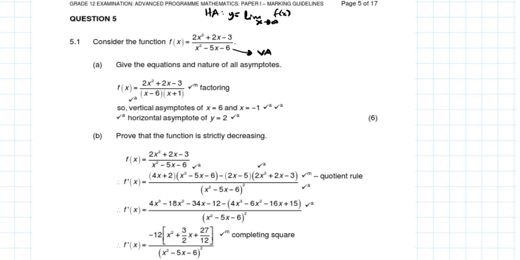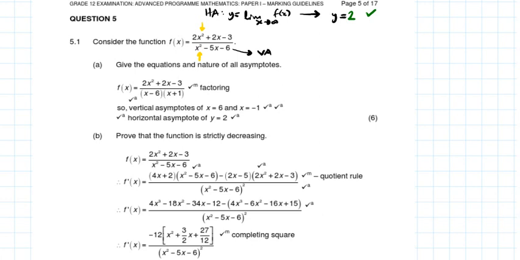And what will this be? Because the leading degrees are the same, it is x squared and x squared, so the coefficients of x squared and x squared are 2 divided by 1. So that's how we get 2. That's our horizontal asymptote, just looking at the coefficients.